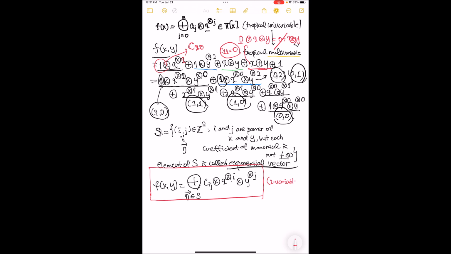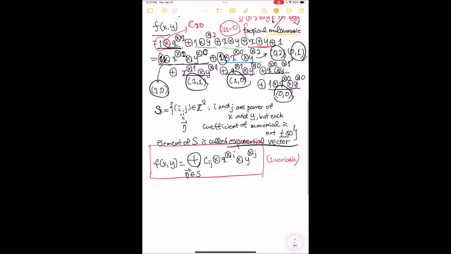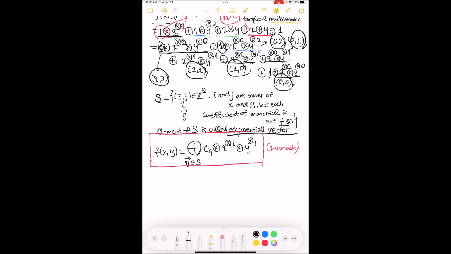Anyway, we can generalize a multivariable, two variable tropical polynomial, defined like this. And when I think about three variable, it is just a collection S of three-tuples (i, j, k), which satisfies the given condition.